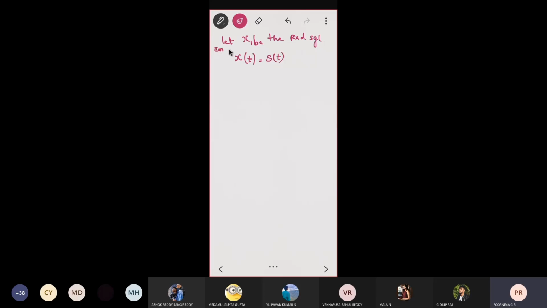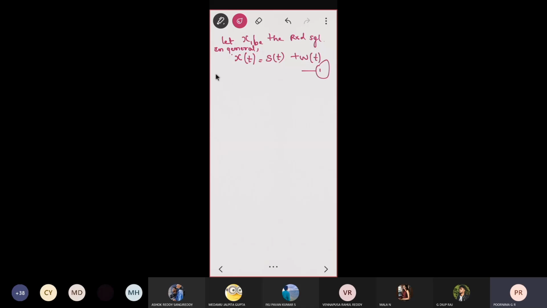In general, the received signal may be due to the symbol 0 or symbol 1 transmission. So therefore, your received signal in general, we can write as x of t equal to s of t plus w of t. You can call this equation number 1.